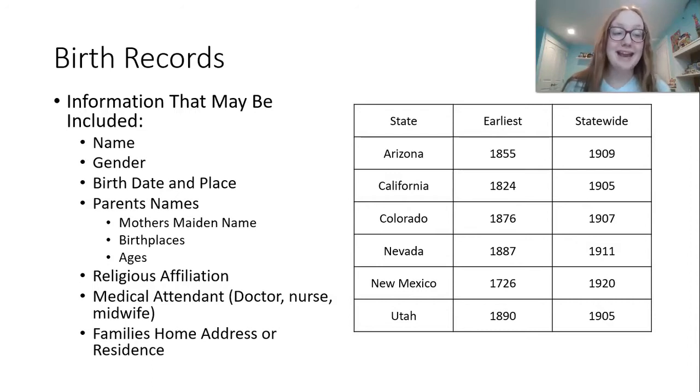This is when the state required that each state record all of the births in the state. So these dates are when it was required. Compliance didn't tend to happen until a few years after the mandate was made, but these are the dates where you can at least start expecting that you should be finding one.